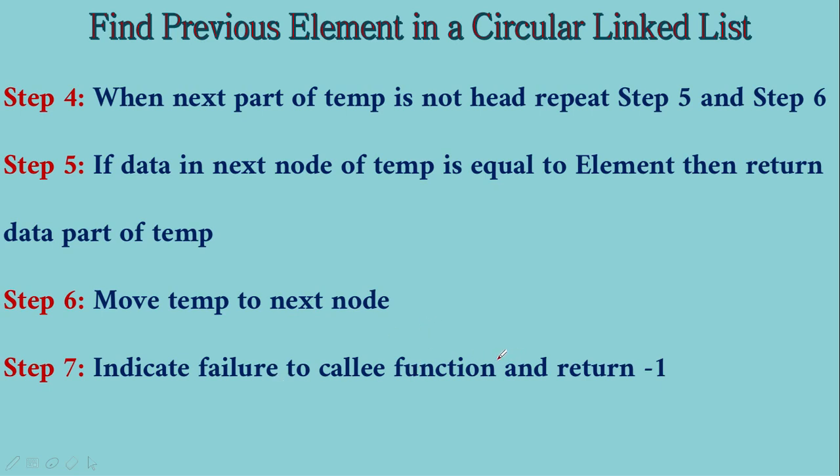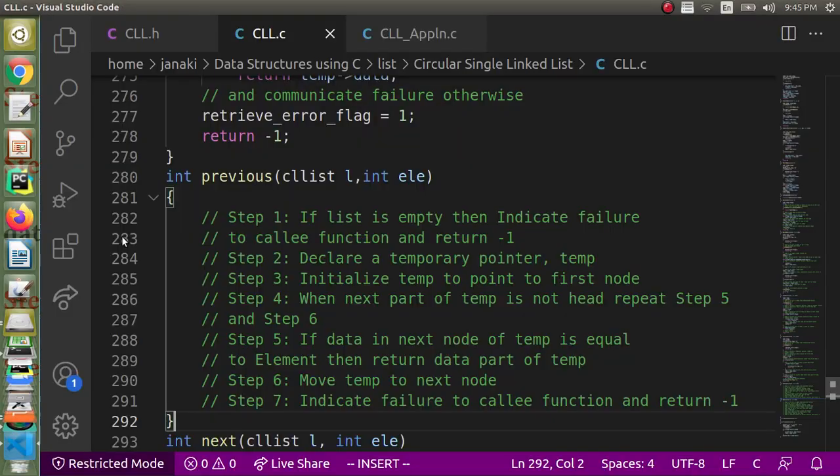If we come outside the loop, we understand that we didn't meet the element at all, so we indicate failure to the calling function and return -1. If we have met the value, the loop would have broken by returning. So let's implement the idea in C programming.